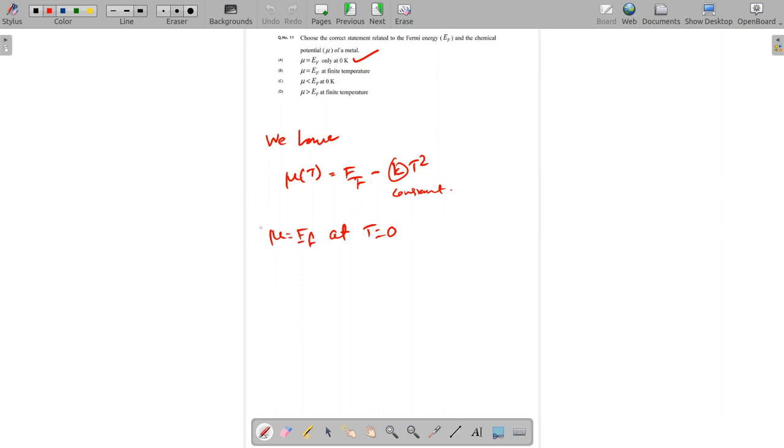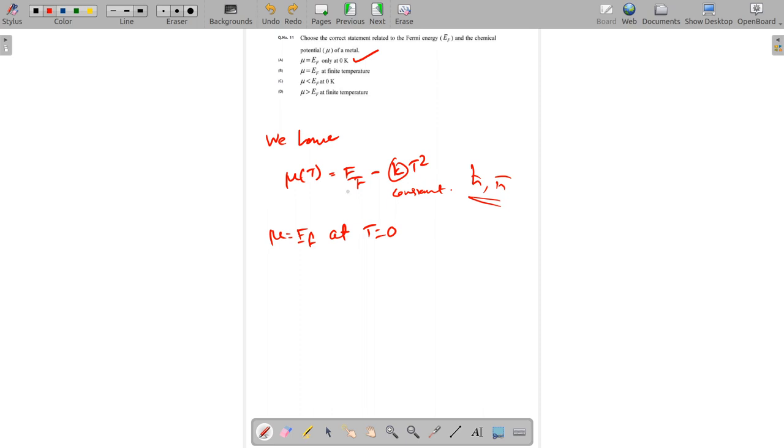This is a relation: mu of T is Ef minus k times some constant which involves h cut, pi, etc. Anyway, it's a constant, and for our purpose it does not matter. So if you put T equal to 0, you basically get mu equal to Ef.